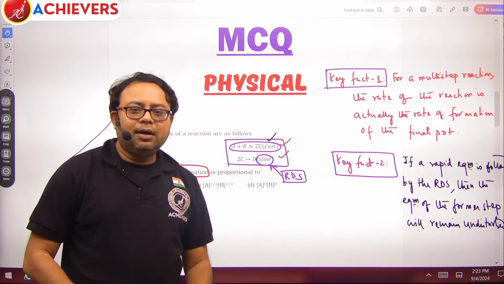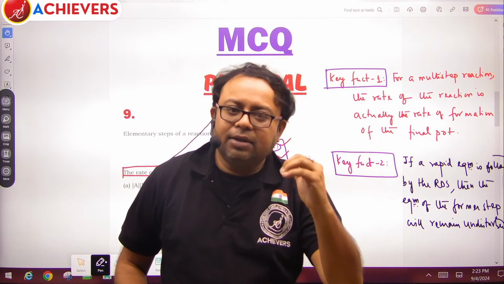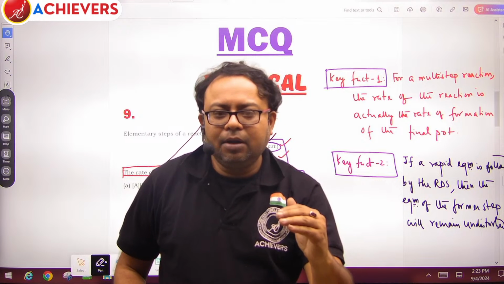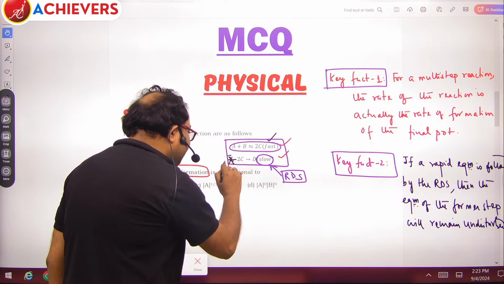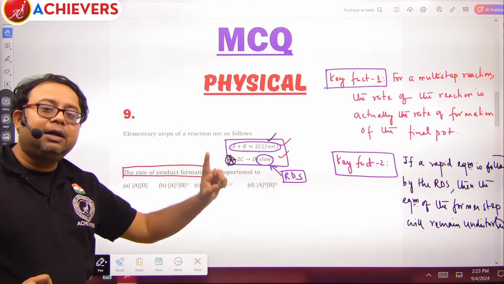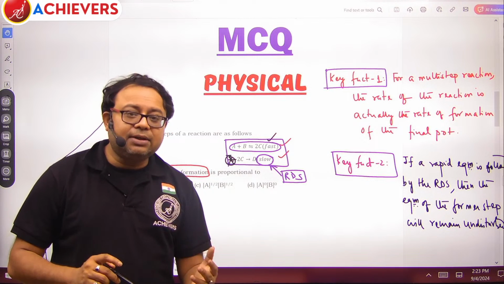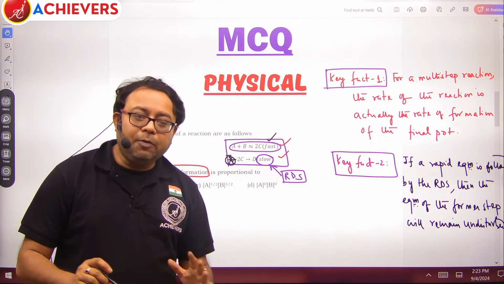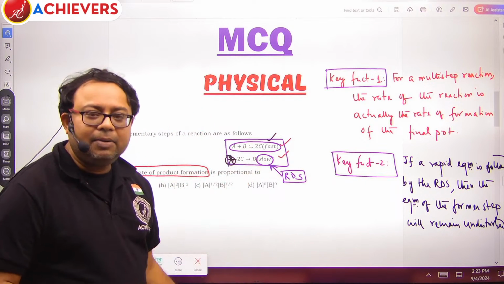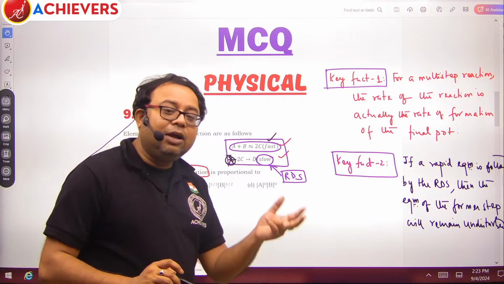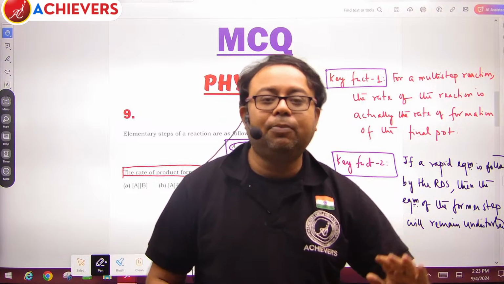What does that mean? A rapid equilibrium step is followed by a slow rate determining step. So the slow rate determining step will not disturb the previous rapid equilibrium step. So the previous rapid equilibrium step will not be perturbed or disturbed by this slow rate determining step. That means the equilibrium of the previous step will remain maintained throughout the process.